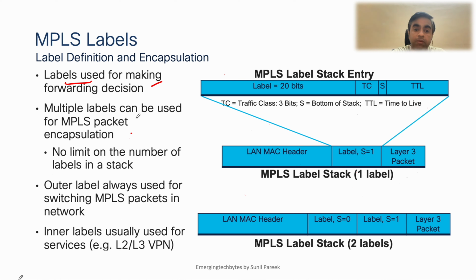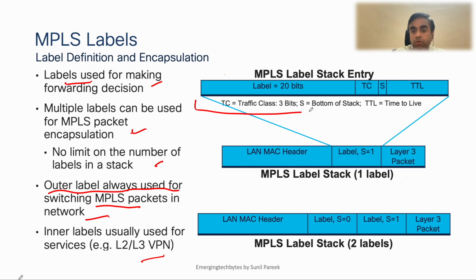Any number of labels can be put on a packet. However, there are some hardware limits that exist. We will talk about that. And it's the outer label that is always used for forwarding. Don't worry about this point. We will talk about it later on.